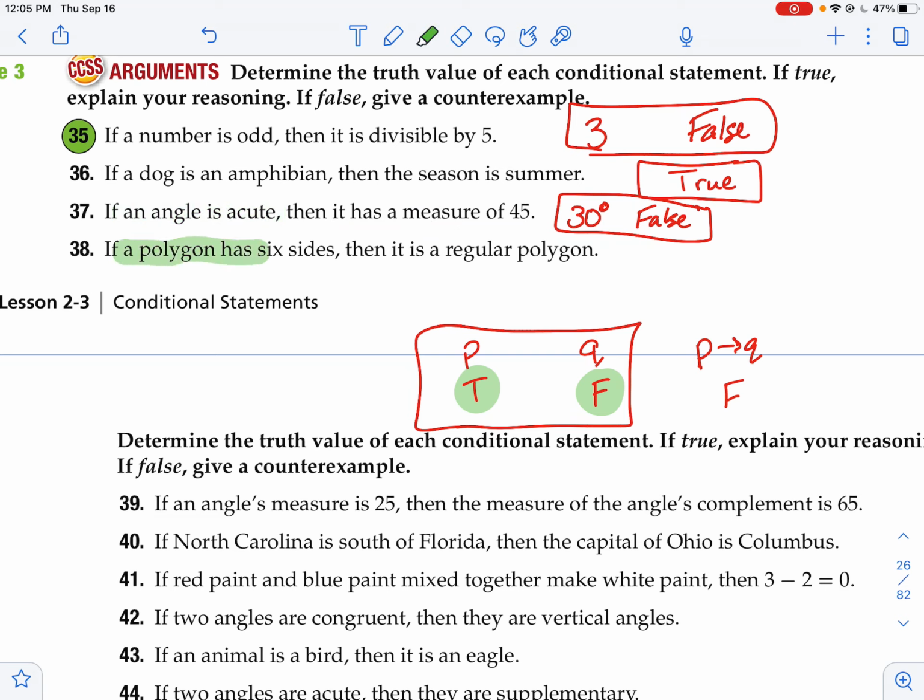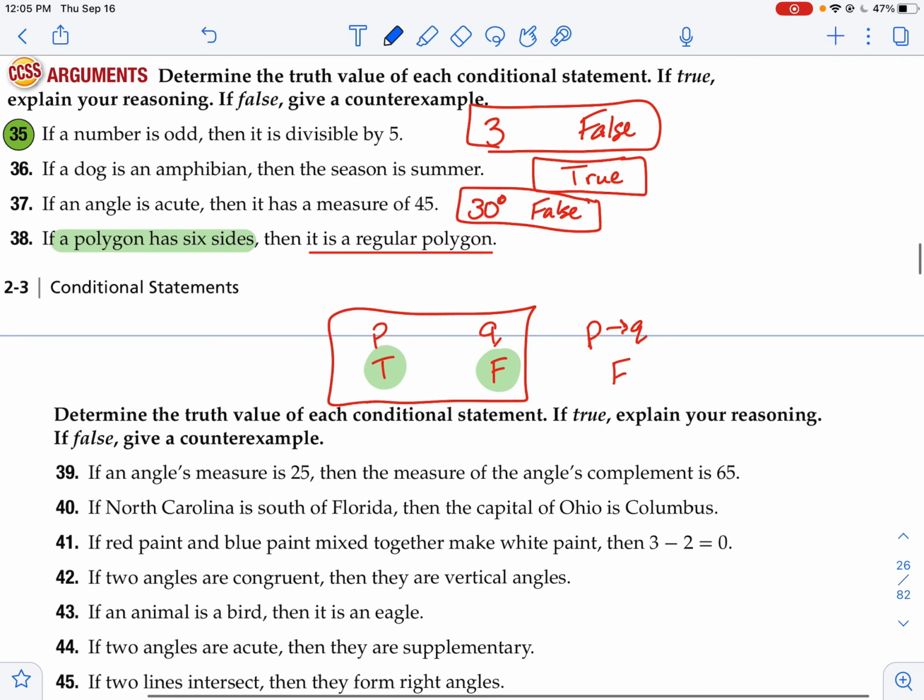And our last one, why don't you pause the video and try this one on your own, and then unpause and check your work. All right, so you should have tried it by now. If a polygon has 6 sides, can I have a polygon with 6 sides? Is that possible? Yeah, I can. Then it is a regular polygon. So I need to know, can I draw a polygon that is not regular, but still has 6 sides?